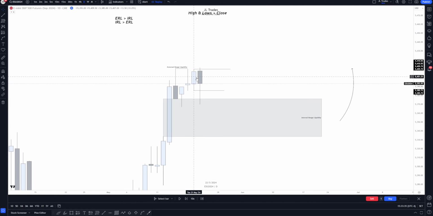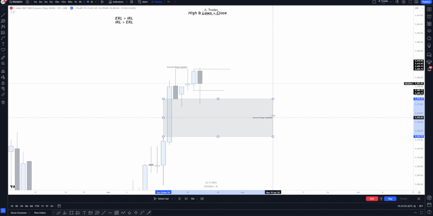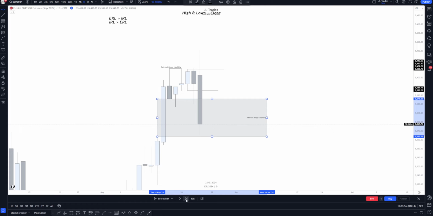Okay, my bias for this day, for Thursday coming up, would be bearish. I would be looking for a move to an internal range liquidity. I hope that makes sense. So let's see what the next day does.